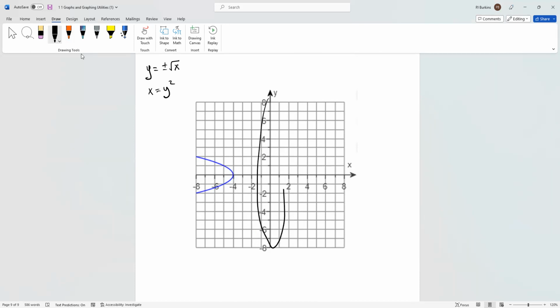It doesn't touch this axis at all. So there is no y-intercept, and we have a single x-intercept, which is at -4, 0.